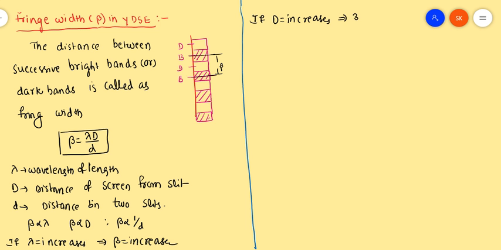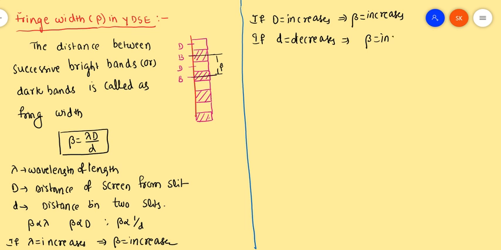Fringe width increases, band width increases, which means the bands appear clearly. In order to get clear bands, we have to increase the fringe width. If the separation between the slits is decreased, then also the fringe width will increase.